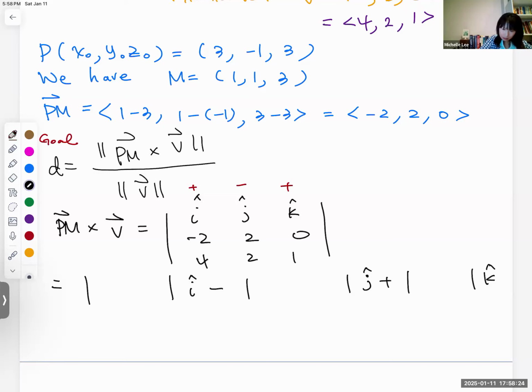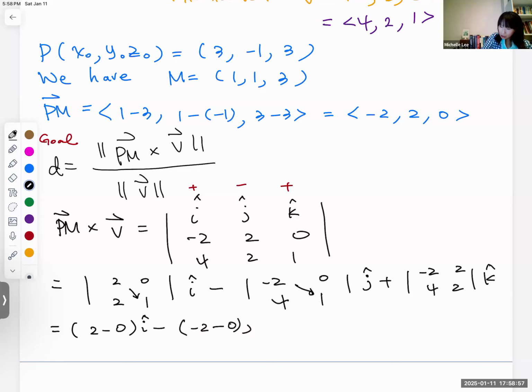Okay, i, we have 2 times 1 minus 0 times 2. j, we have -2 times 1 minus 0 times 4. And k, we have -2 times 2 minus 2 times 4. That will be, multiply, so we have 2 minus 0 i hat, and -2 minus 0 j hat, and -4 minus 8 k hat.